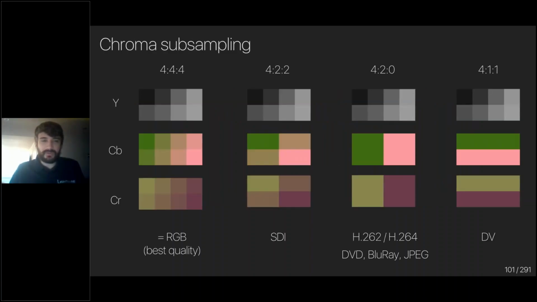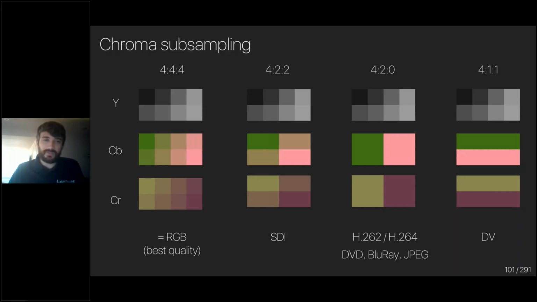In the previous session, we talked a bit about chroma subsampling already. Just to give a brief recap, you can see that with 444, every pixel has its own brightness and chromacity information. Then with 422, we're sharing the color information between two neighboring pixels.